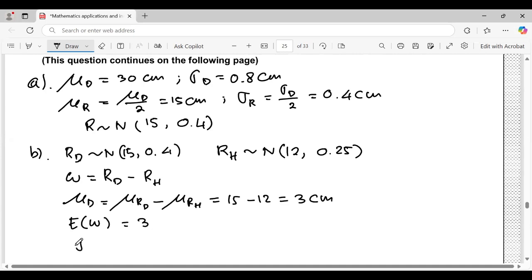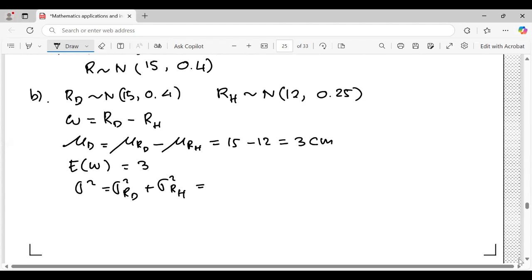And the variance equals variance of RD plus the variance of RH. I need to scroll down first. So the variance equals 0.4 squared plus 0.25 squared.